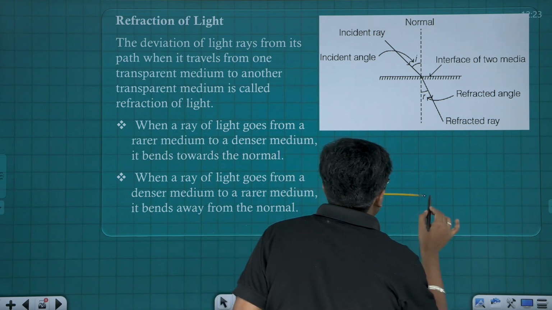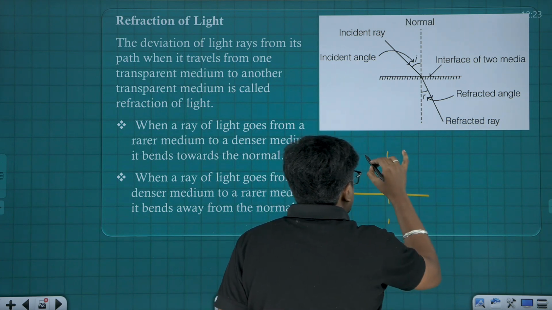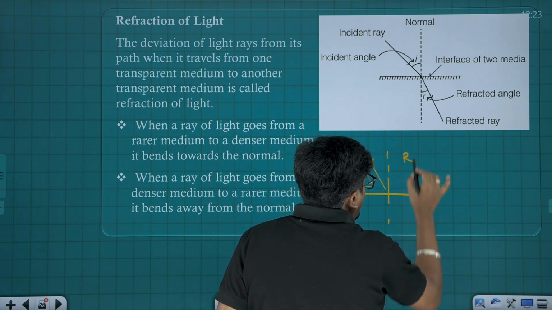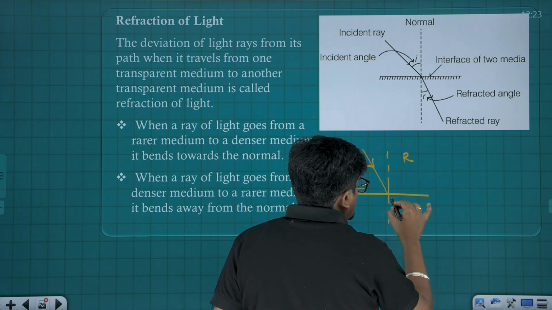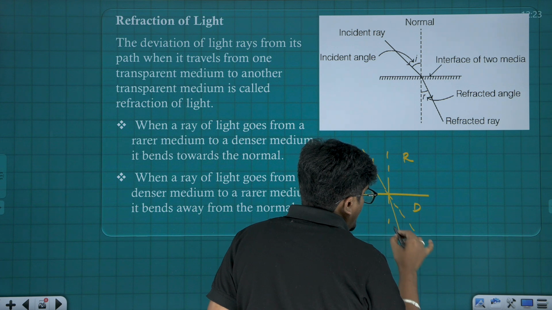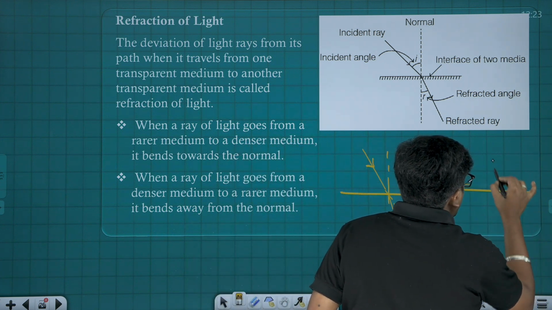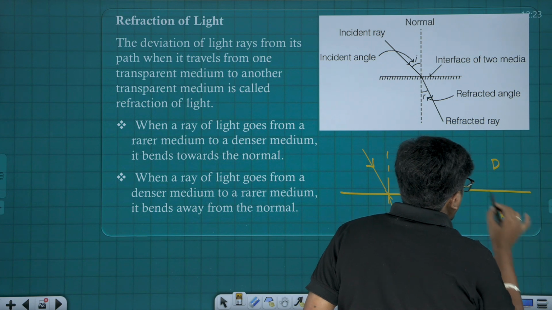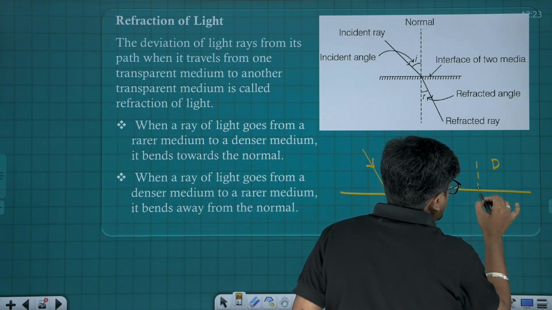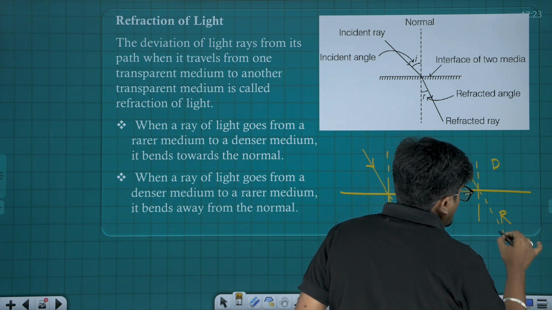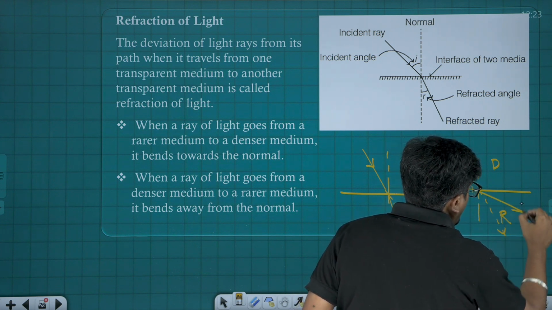So in short, how we can understand is, see here this is the incident ray, and here this is rarer, and here this is denser. So instead of light going like this, it will bend towards the normal. Okay, and if it is from denser to a rarer medium, if I treat this as a normal, instead of light traveling in this direction, it will bend away from the normal.